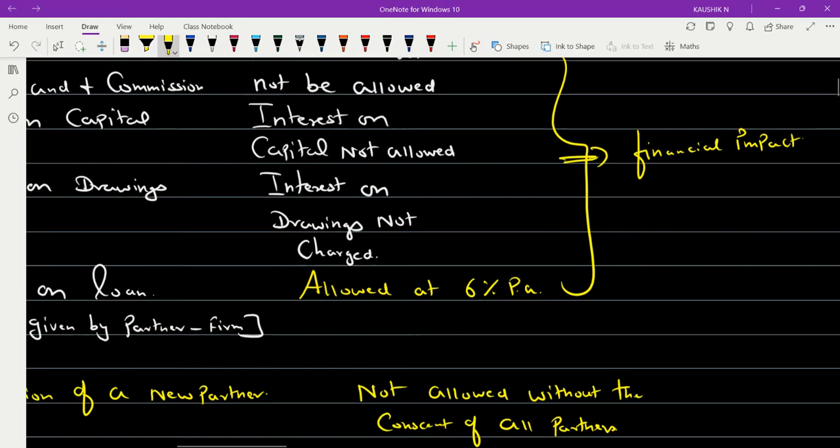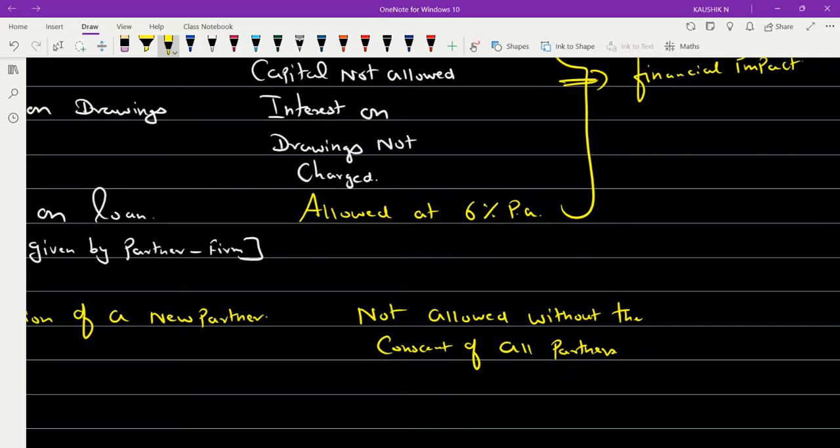The last one, admitting a person as a partner in the business, will not have any financial impact at the time when you are admitting, but obviously it will have a financial impact towards the end of the year because you need to distribute profits or losses, and then you have to allow the interest or charge the interest. Clear?